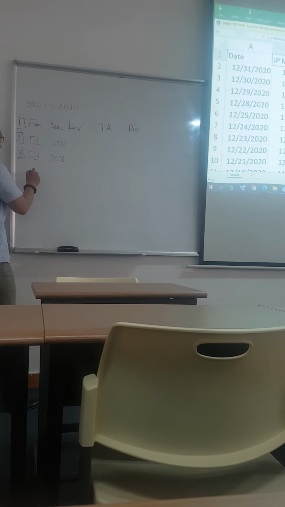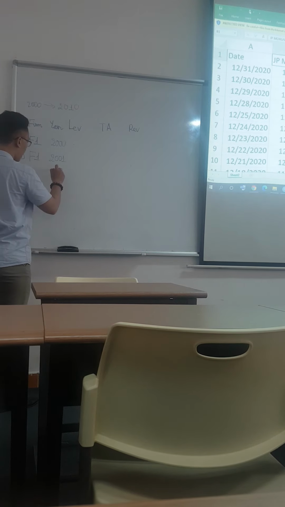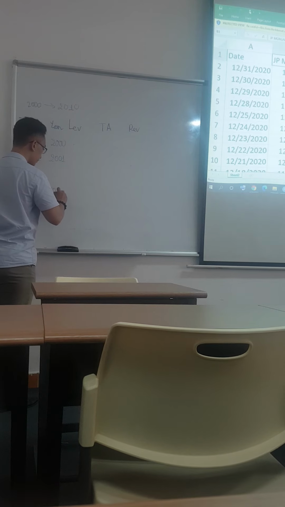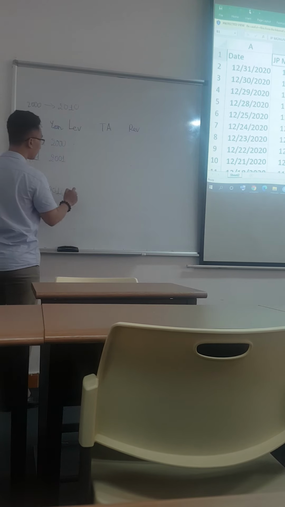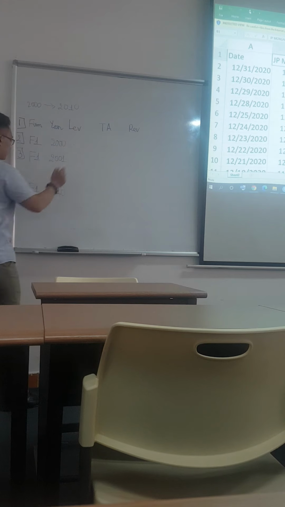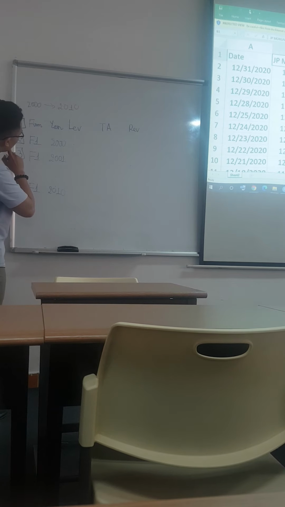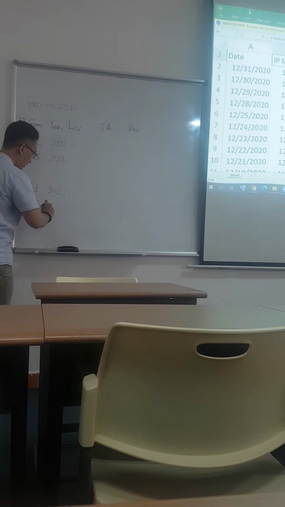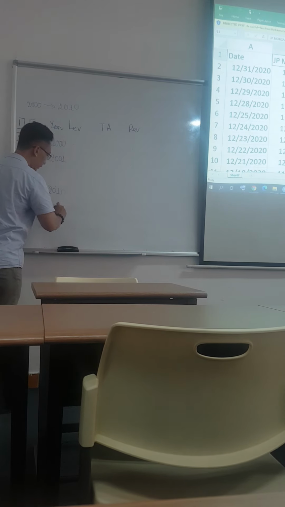Just continue to the last year, 2010, and then the values of that year. So this would be the 11th row. Then you continue with firm 2 and the first year of firm 2 again.